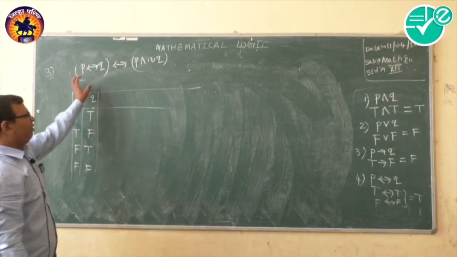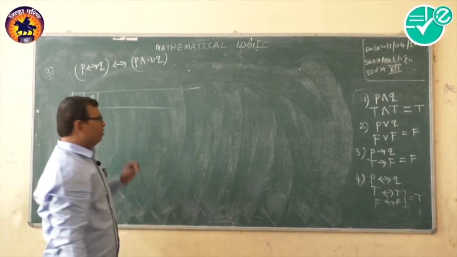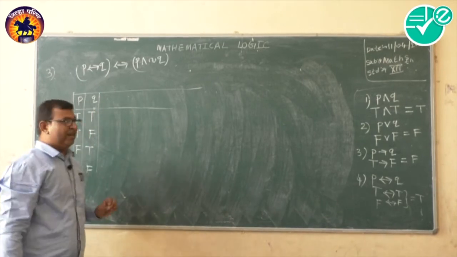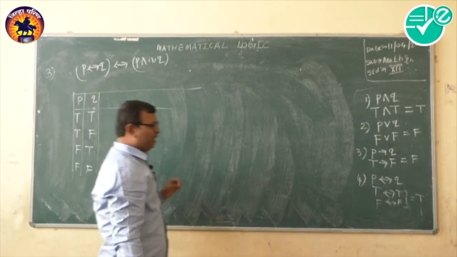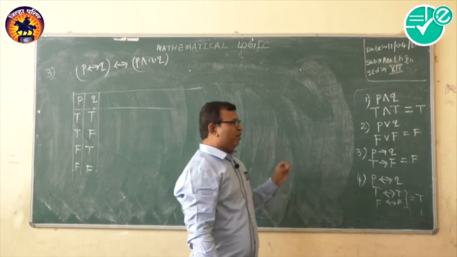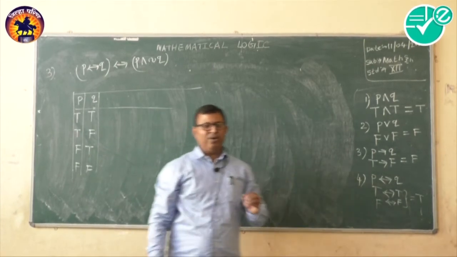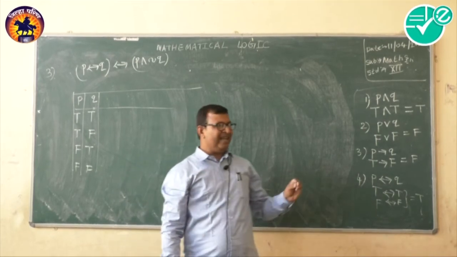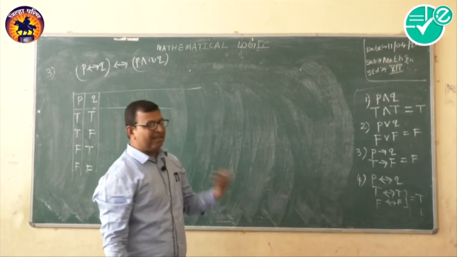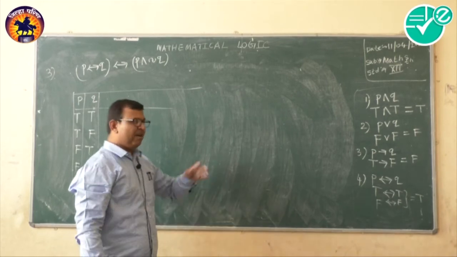Now see, first bracket we have to solve. For solving this first bracket, here is P double implication Q. What P double implication Q says is, if both P and Q have the same truth value, then it is true. In other cases, all of them are false.